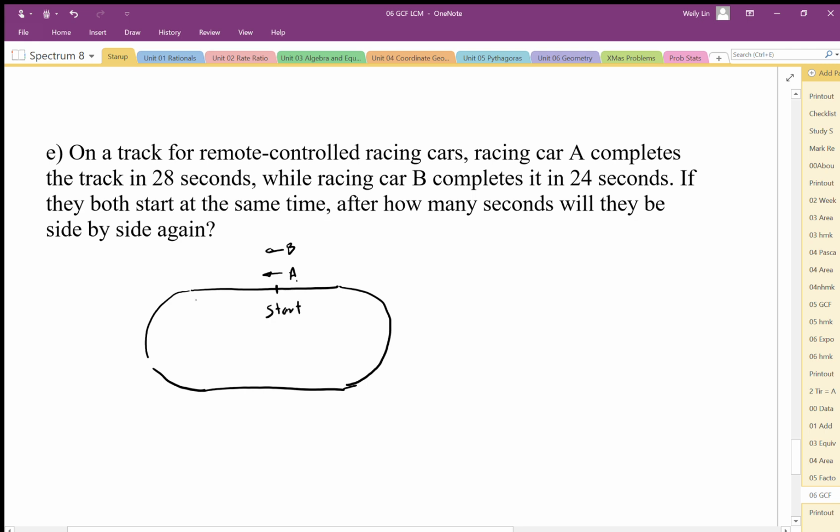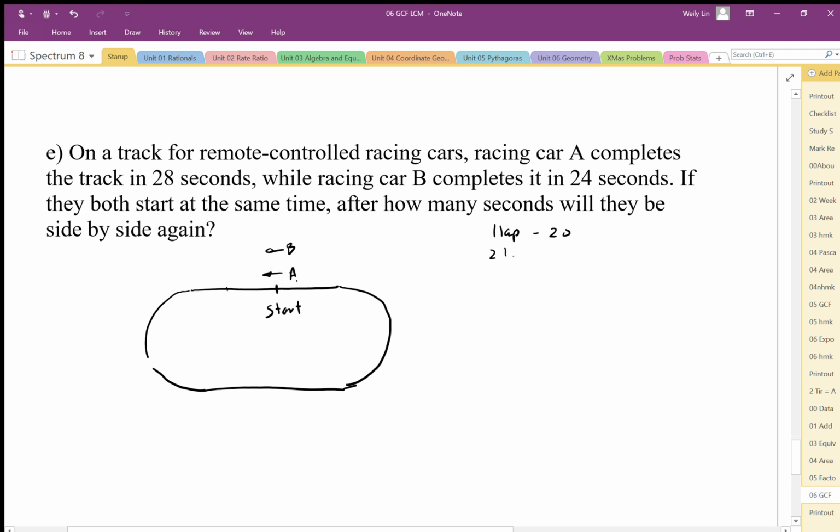After 28 seconds, this car is 4 seconds behind the other, and basically the 24-second car has to catch up. After one lap, they're 20 seconds apart.